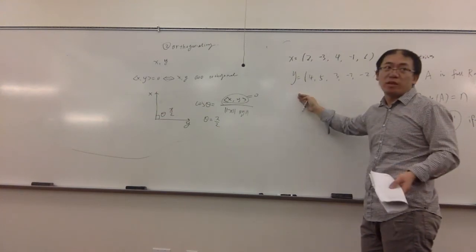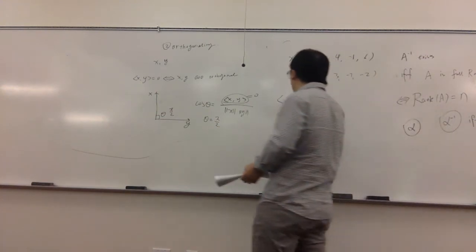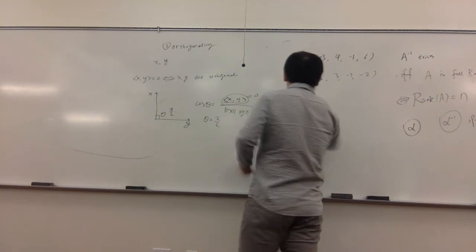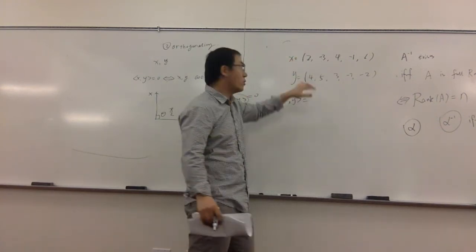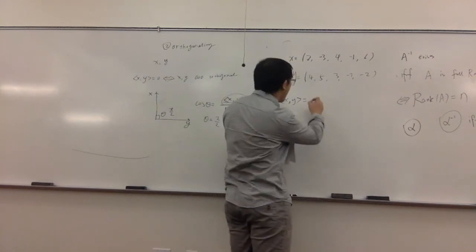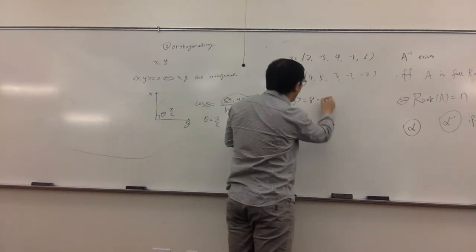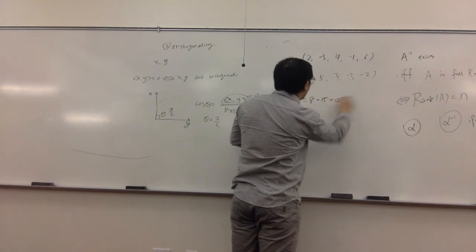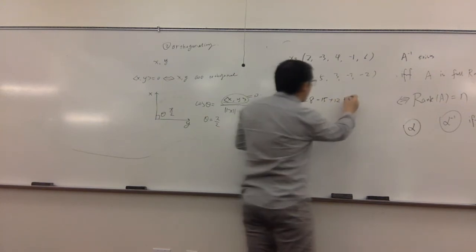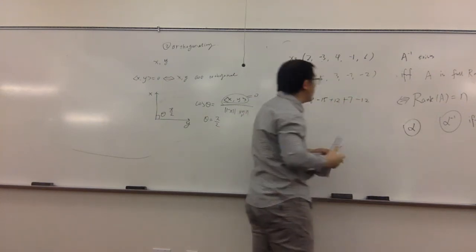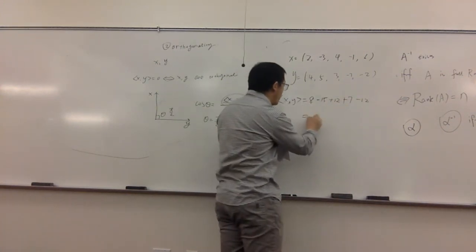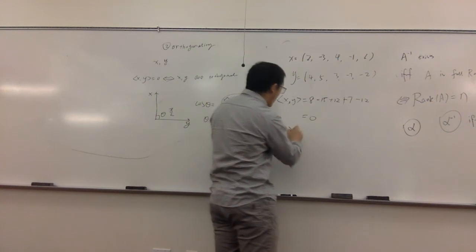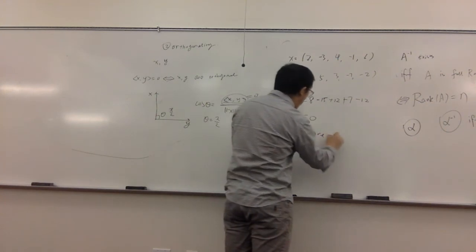Yeah, we just compute their inner product, which is the element-wise product and summation. The first element-wise product is 8, the second is 15, third 12, fourth 7, and the last is minus 12. Add them together, we end up with 0. So we can conclude that x and y are orthogonal.